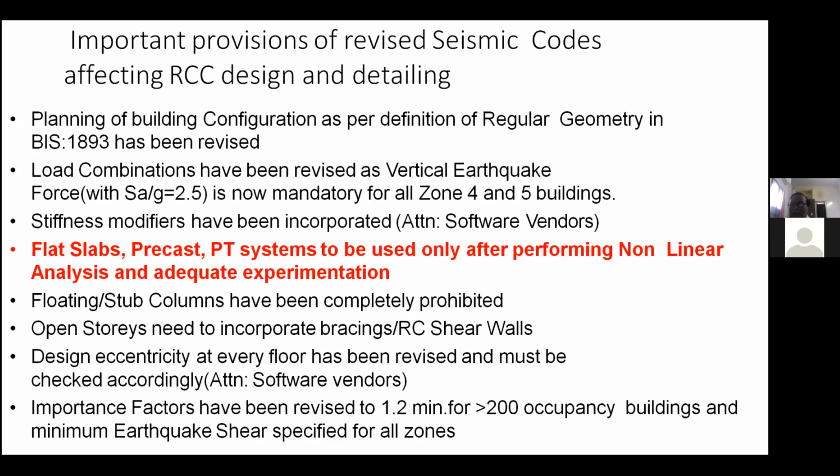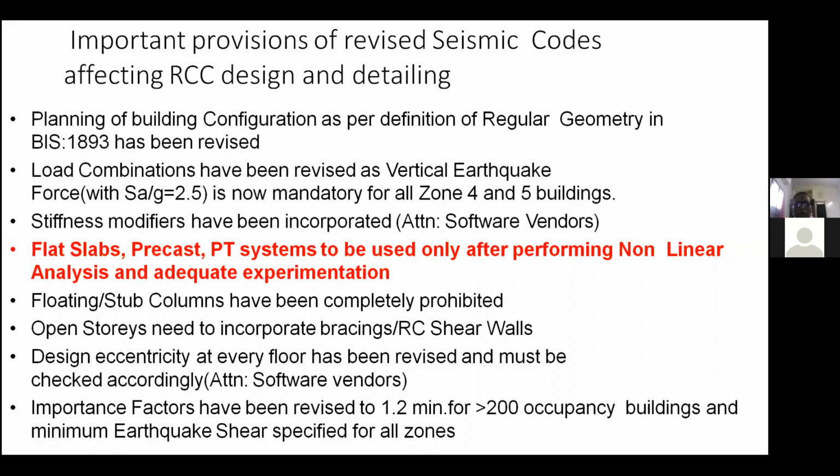And then the 13920 code says that Fe415 bars are now not available. The revised code says that we can go with Fe500 or 550, and special bars like ductile bars, which have more ductility. In the last webinar we told you about the D bar, the ductile bar, and the difference between Fe500 and Fe500D. Compared to the 500 bar, the Fe500D bar will have more elongation.